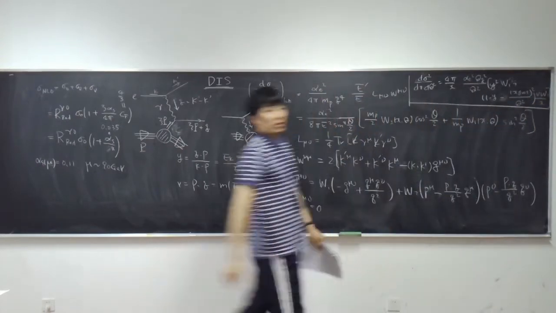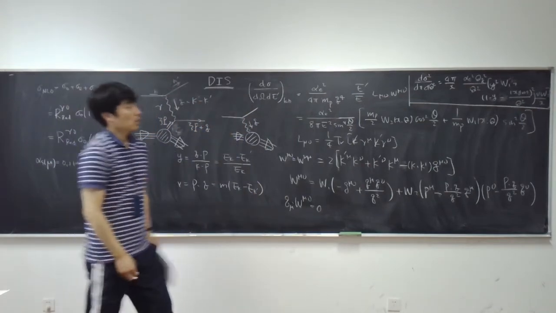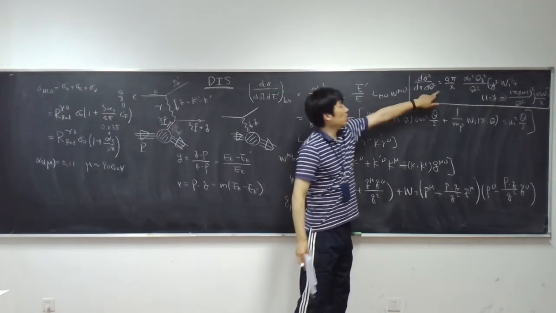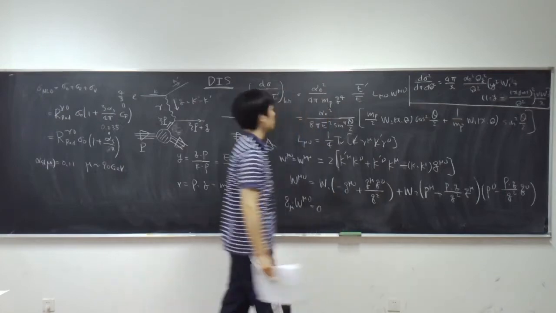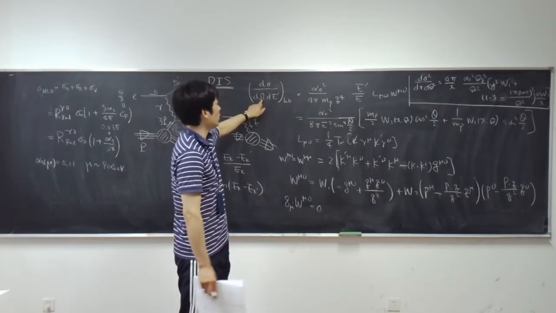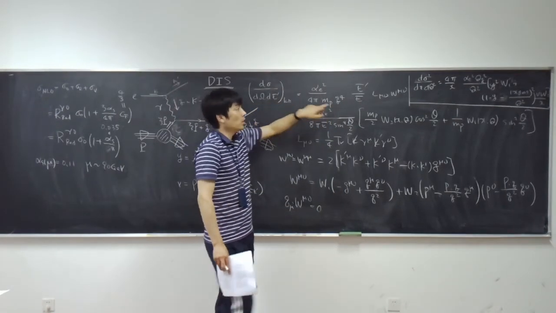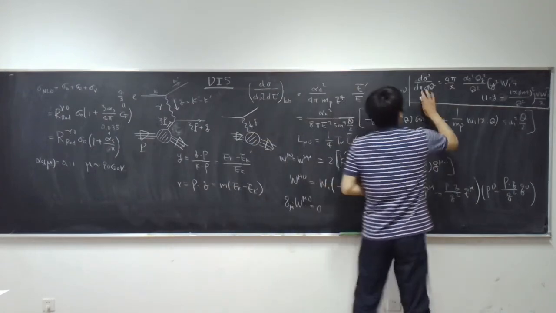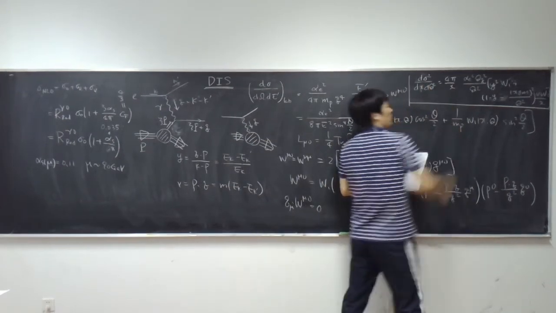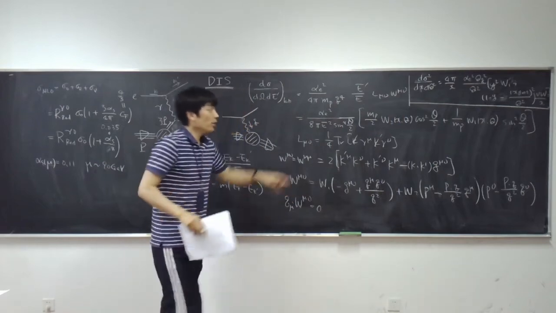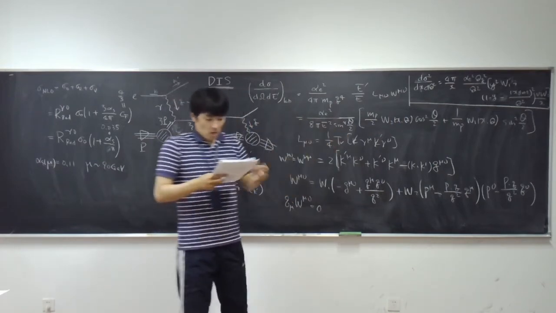So the last time I just wrote it down this way, but one can rewrite everything in terms of dΩ dE' instead of dx dQ². Okay, and you will obtain this one.